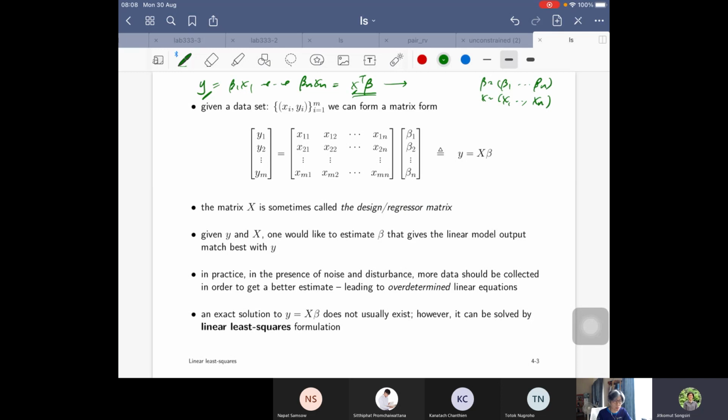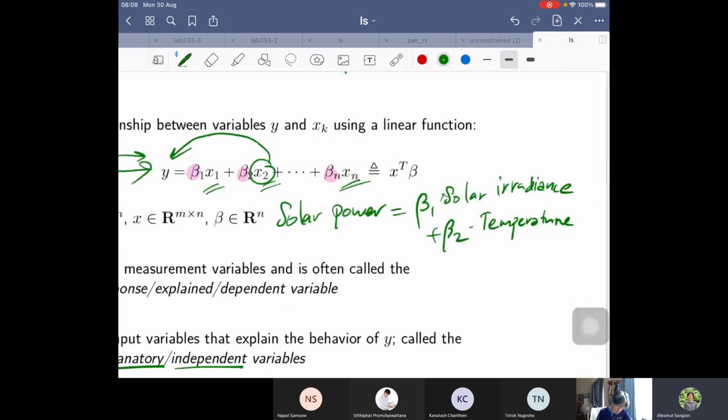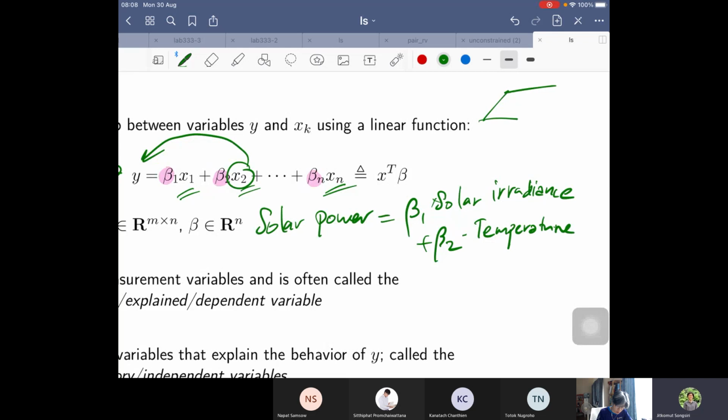But when it comes to applications, you're going to have a lot of measurements between y and x. Think about what I just said before: you have a solar cell. You're going to have a sensor that can collect the measurements of generated power.